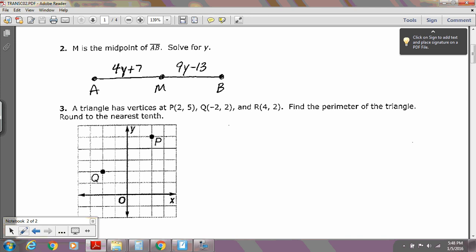Number 2 says that M is the midpoint of AB, solve for Y. Since M is the midpoint, that means AM has the same measure as MB. So you can set them equal to each other.